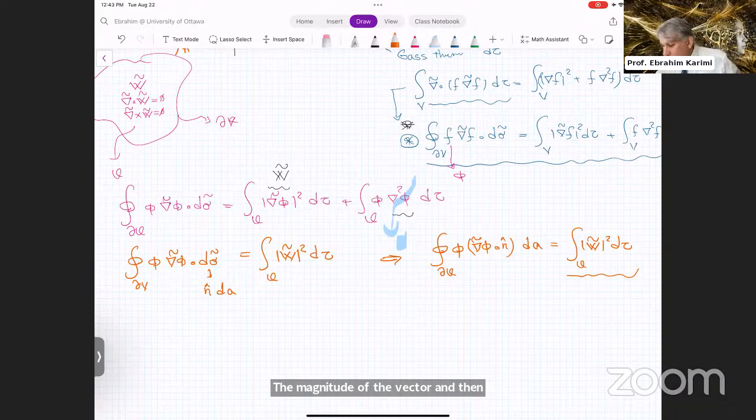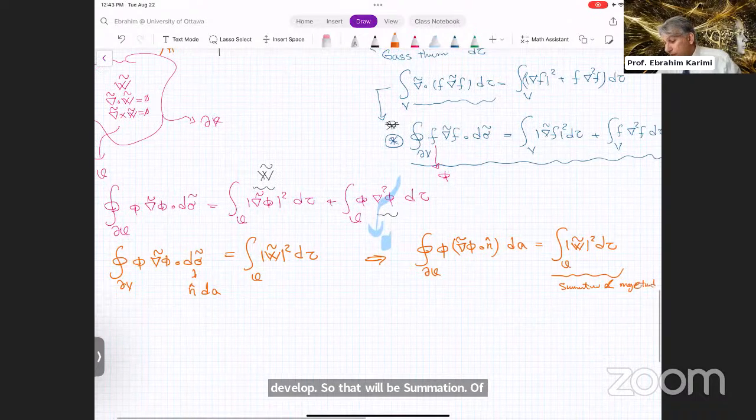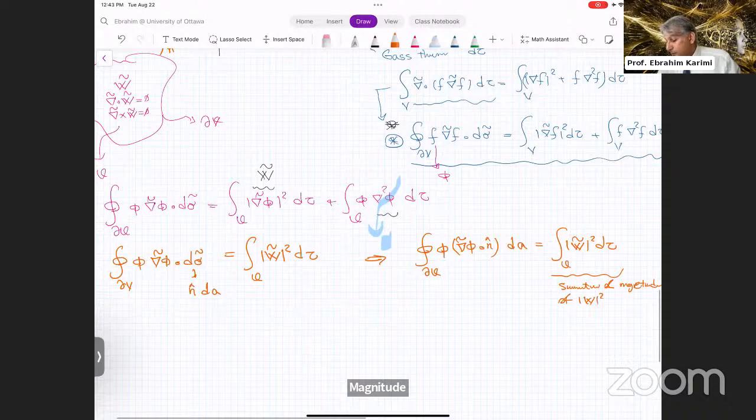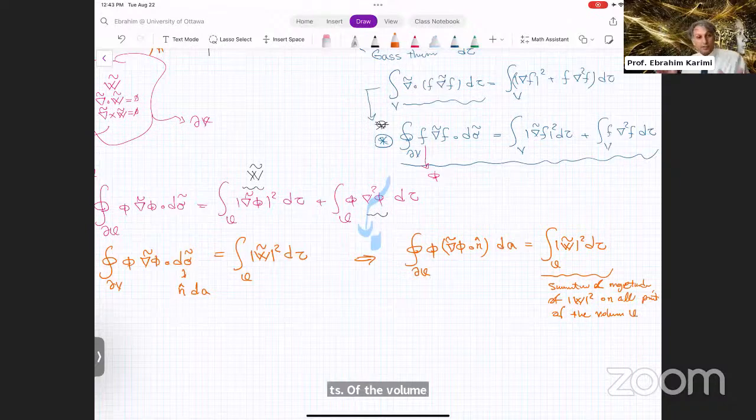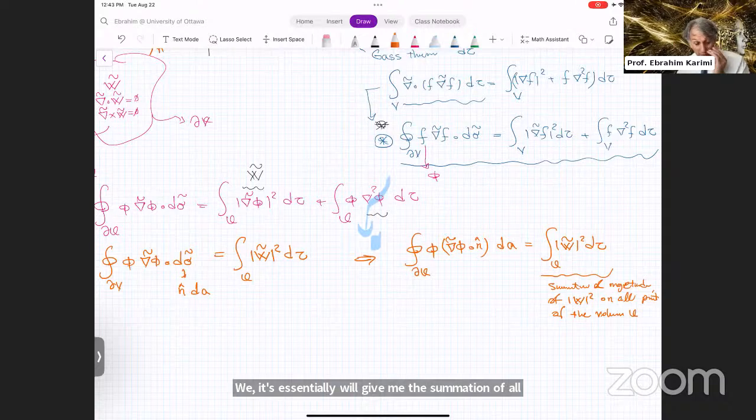So that will be the summation of the magnitude of W squared on all points of the volume. It essentially gives me the summation of all W's there.